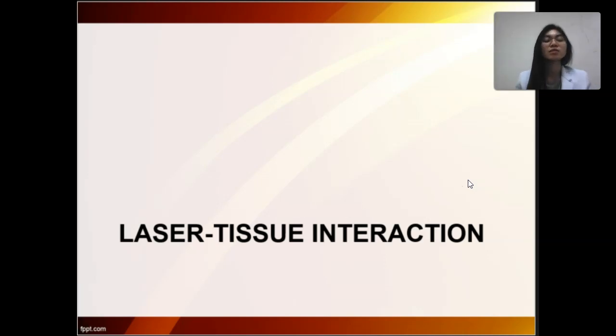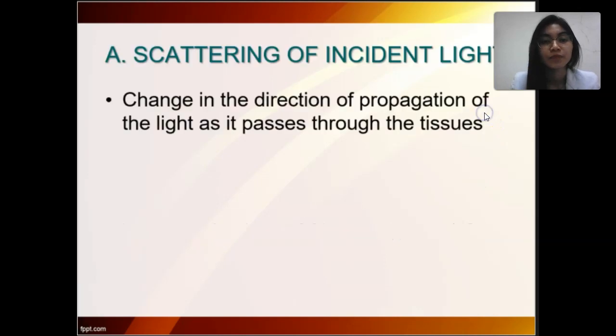Now, let's discuss the laser-tissue interaction. Scattering of incident light. This is the change in the direction of propagation of the light as it passes through the tissues. Although we have discussed that it is directional, its orientation is straight.